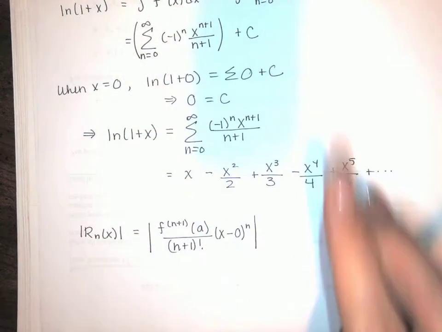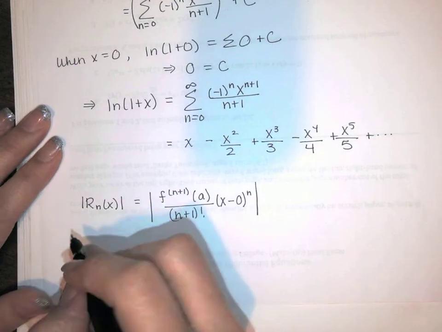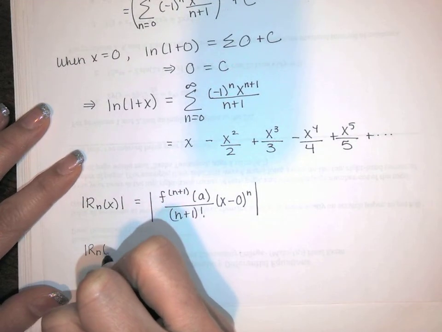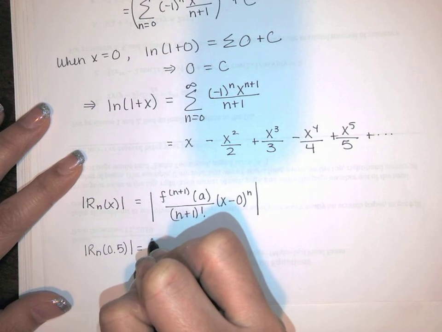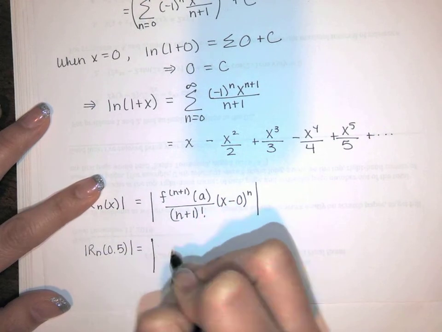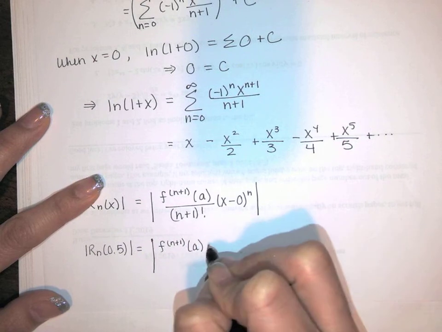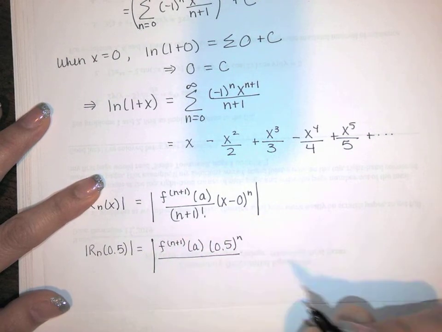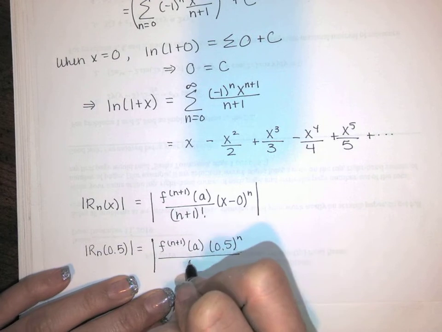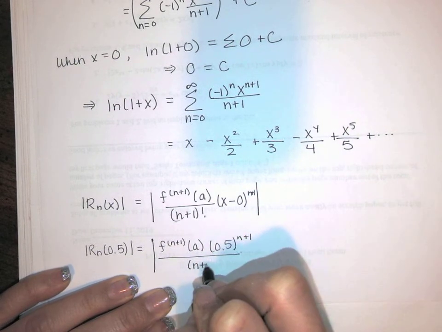And we're told that x equals 0.5. So the remainder at 0.5 will be the absolute value of the n plus 1th derivative at a times 0.5 to the n plus 1 over n plus 1 factorial.